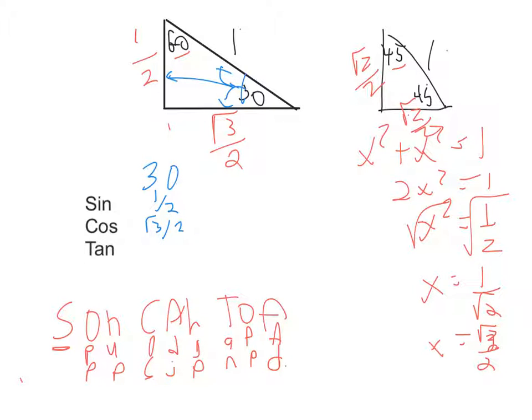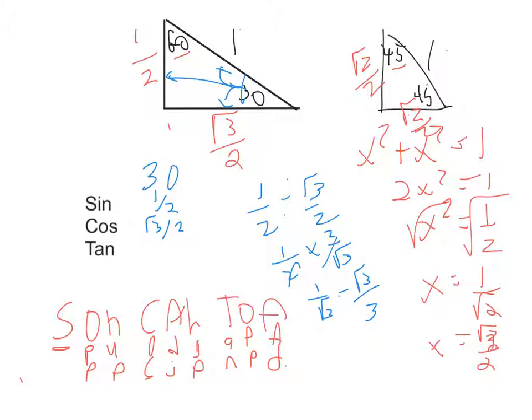And then if I take my tangent, I take my opposite and divide it by my adjacent, so I get 1/2 divided by root 3 over 2. To divide by a fraction, you flip it and multiply it, so I get 1/2 times 2 over root 3. The 2's cancel, and I'm left with 1 over root 3. Again, because the square root's on the bottom, we don't like that, so we do some math to it, and we get root 3 over 3.